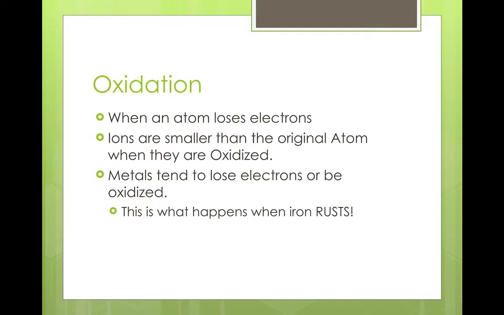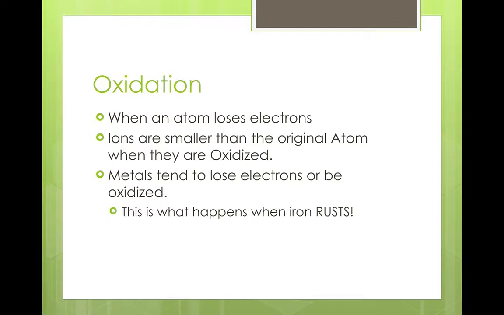This is what happens when iron rusts, which is really interesting to think about. The iron is losing its electrons to oxygen, the oxygen in our normal atmospheric air, 21% oxygen. The oxygen wants to gain electrons really badly, 2 more specifically, and iron is so happy to oblige and give it those 2 electrons. So iron is the loser here, actually kind of making him a winner if you think about it.